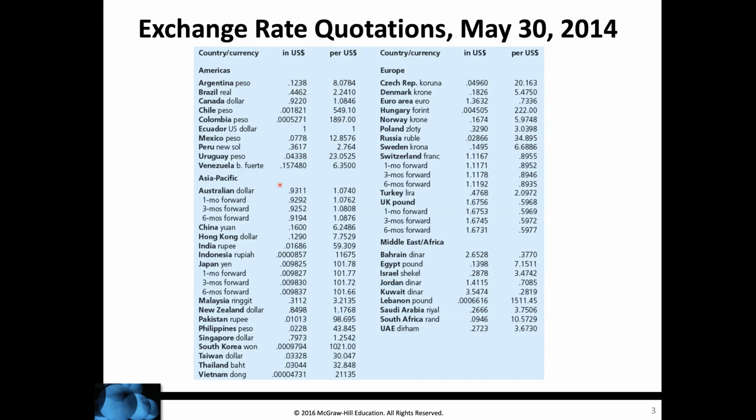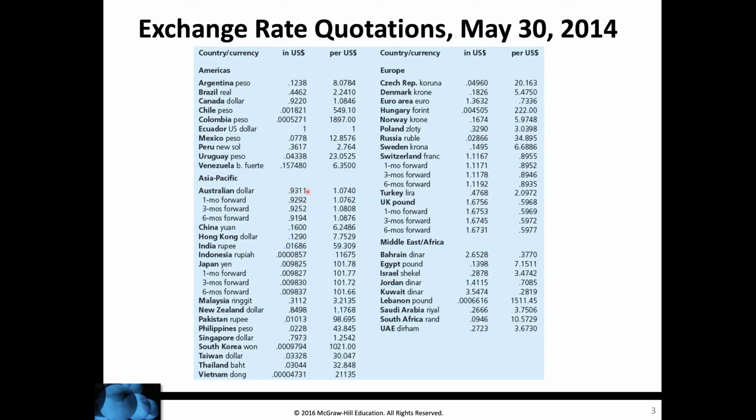Okay, but down here you can see the spot rate for the Australian dollar. So it would cost 93.11 US cents, sorry, US cents, to purchase 1 Australian dollar. On the other hand, it would cost 1.0740 Australian dollars in order to buy 1 US dollar. And we can see right below that there's a 1-month forward rate, a 3-month forward rate, and a 6-month forward rate.